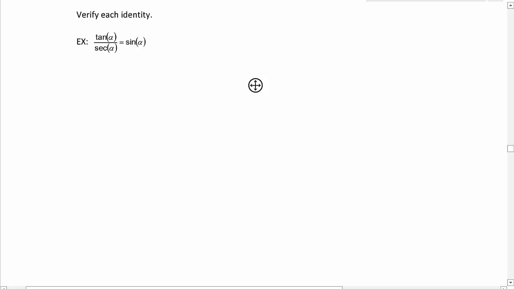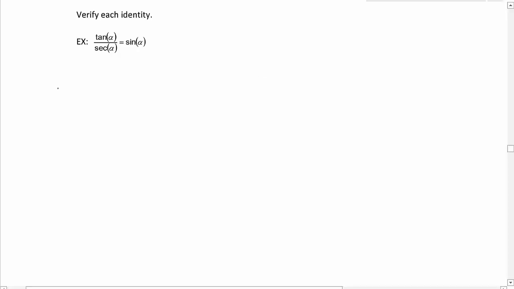So here's where I'm going to pause and think, well, algebraically, what has to happen? I have a fraction on the left, and then I end up without a fraction on the right. So that means that something has to cancel out to eliminate that fraction. Another good idea with identities is to write things in terms of sine and cosine instead of the other trig functions. So that's where I'm going to start.